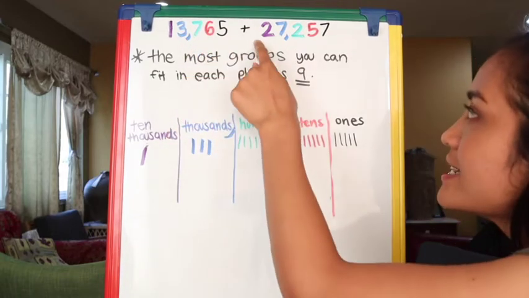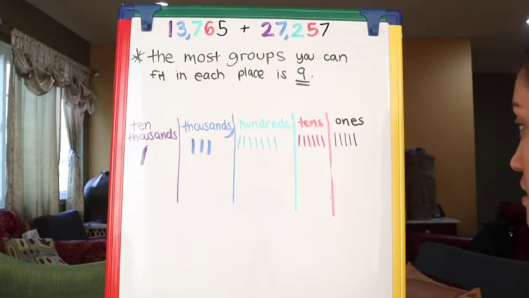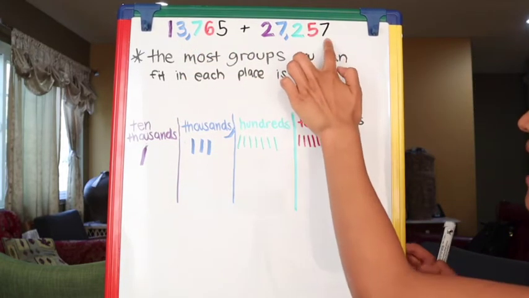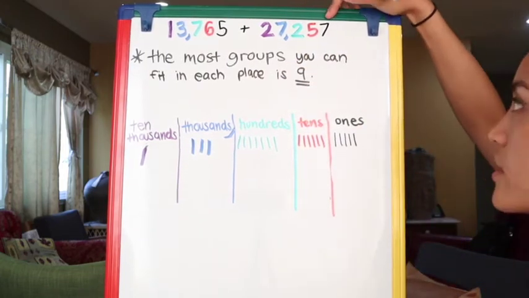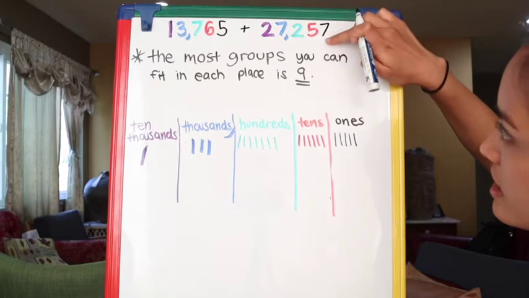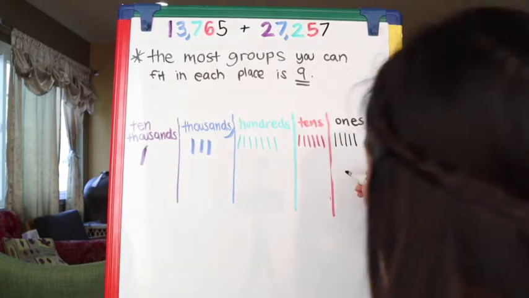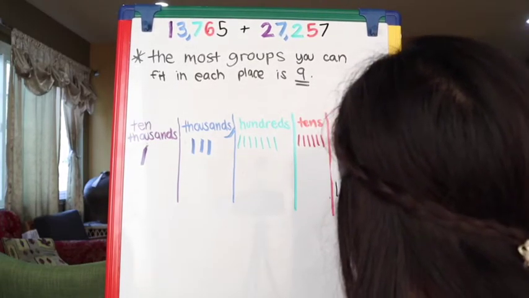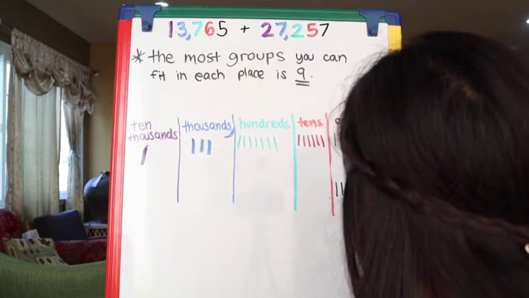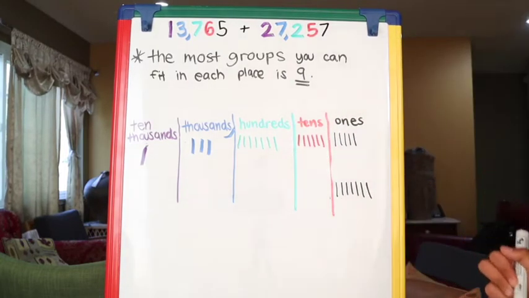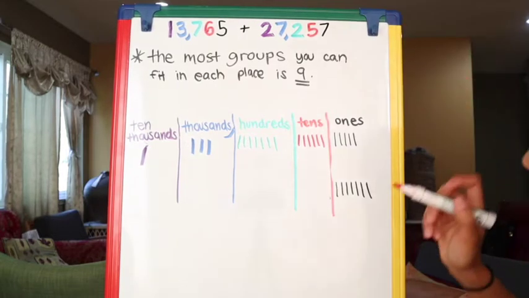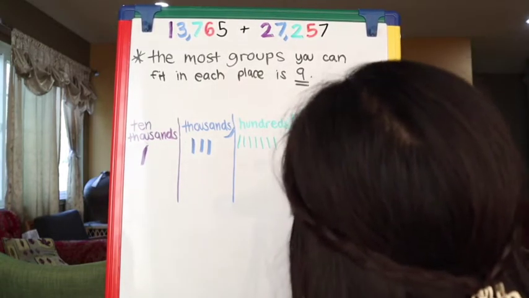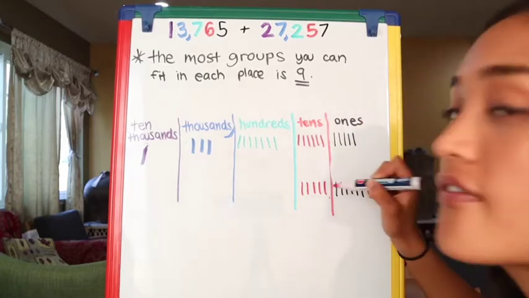We gotta move on to this number. Starting once again with the ones place. How many groups of ones do we have? As you can see right here, written in black, we have 7. 1, 2, 3, 4, 5, 6, 7. Over here in the tens place, we have 5. 1, 2, 3, 4, 5.